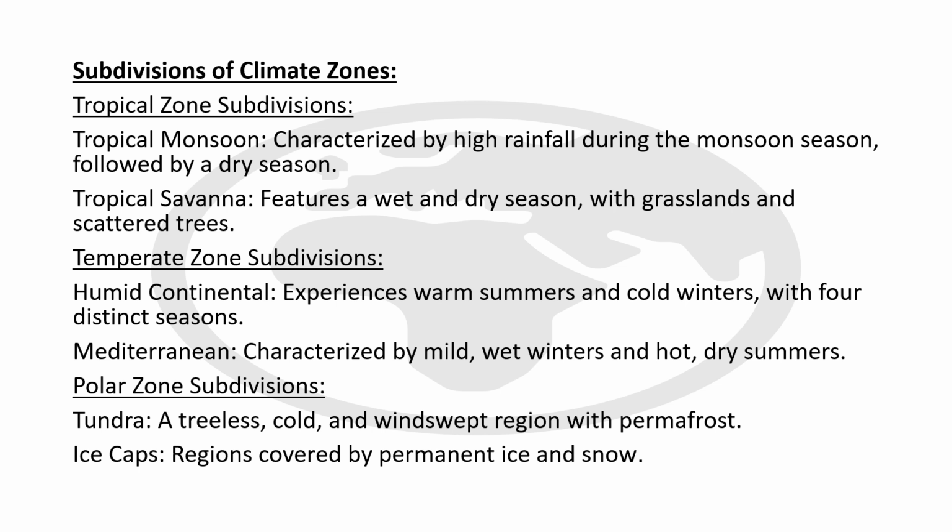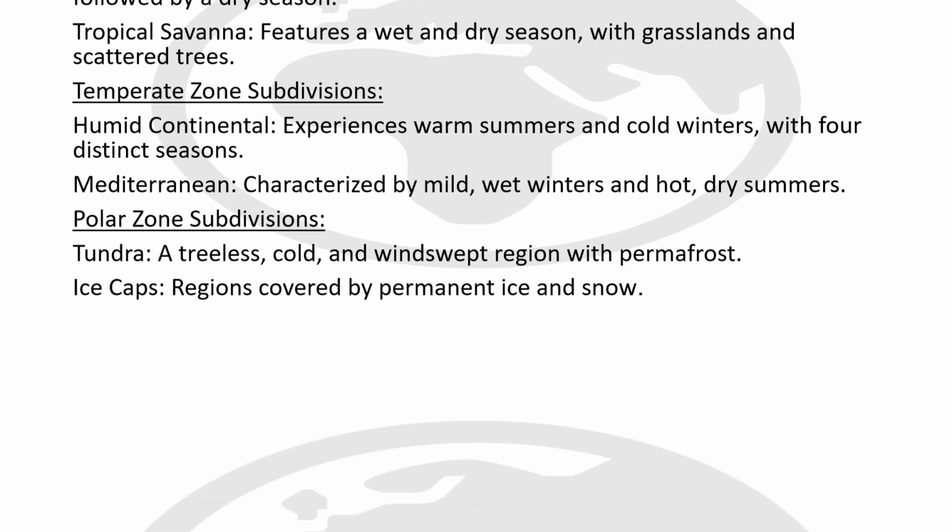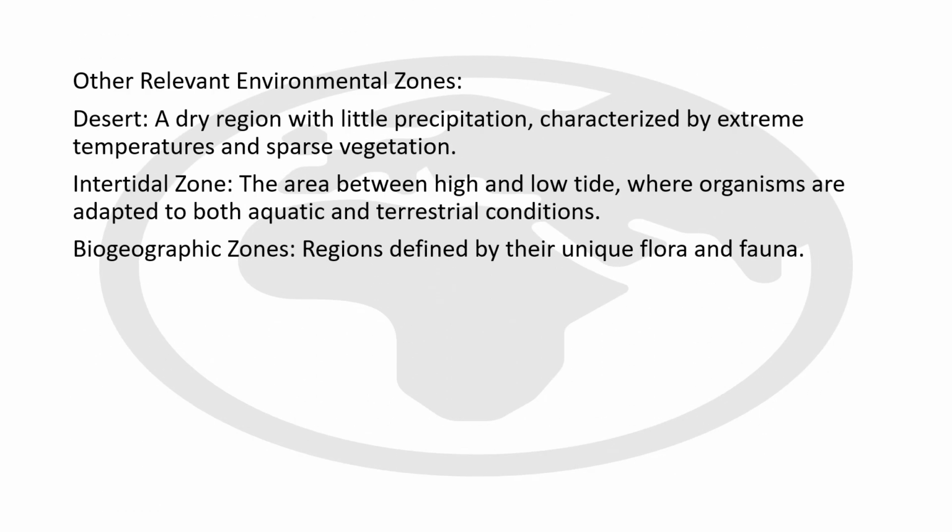And the other is Mediterranean, which is characterized by mild wet winters and hot and dry summers. Then there are polar zone subdivisions. Tundra, a treeless, cold wind-swept region with permafrost. Ice caps, regions that are covered with permanent ice and snow. Except these, the other relevant environmental zones are deserts, intertidal zone, and biogeographic zones.